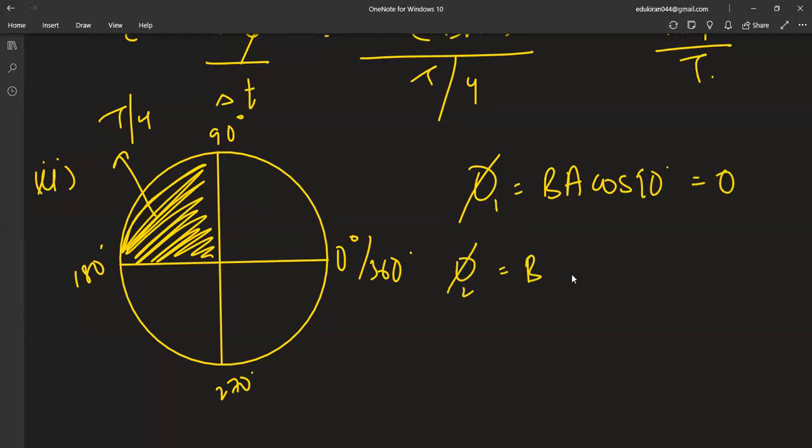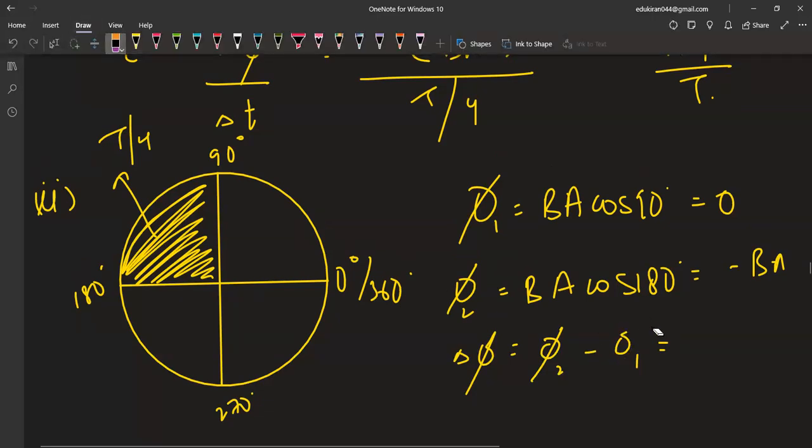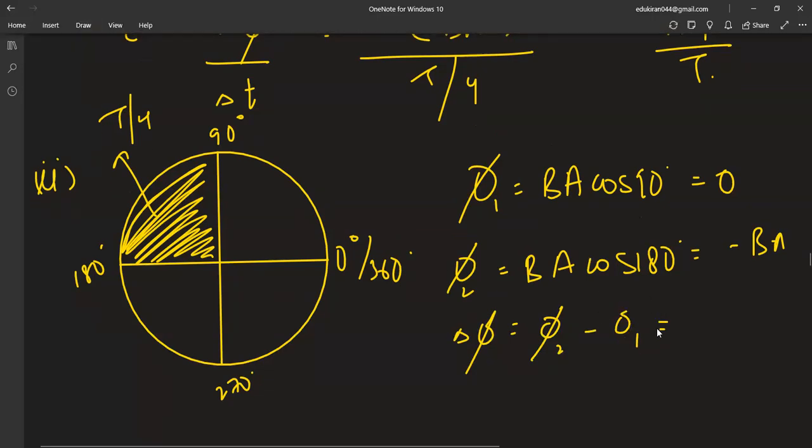Second would be BA cos 180, that is minus BA. So when we take the change in phi, that is second phi minus initial phi, this will be minus BA minus 0.